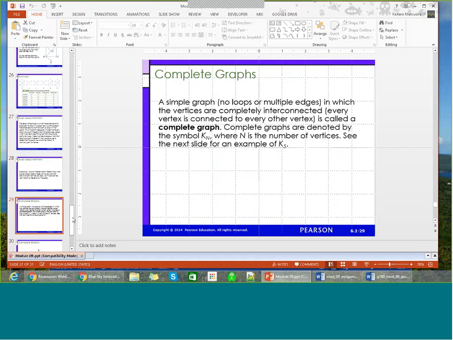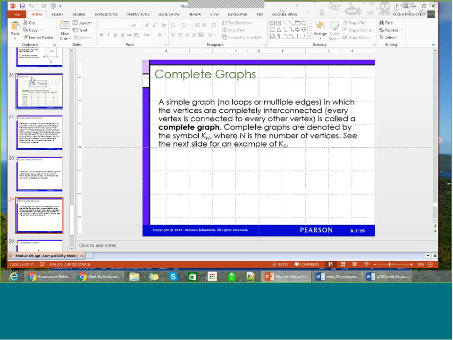Okay. One other thing that's not covered in the lecture notes is the concept of a complete graph. Say a graph has no loops or multiple edges, but all the vertices are completely interconnected, meaning every vertex is connected to every other vertex. Then that graph is called a complete graph.